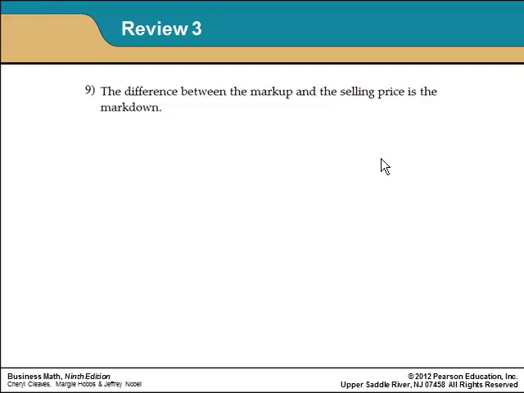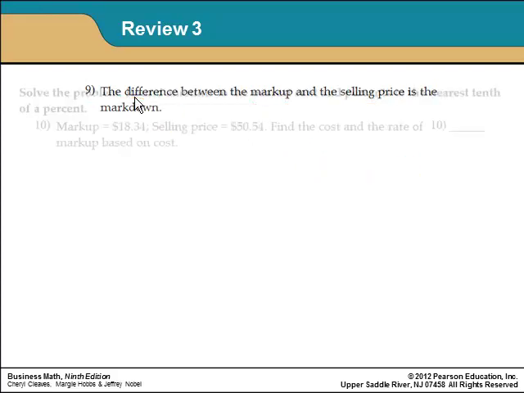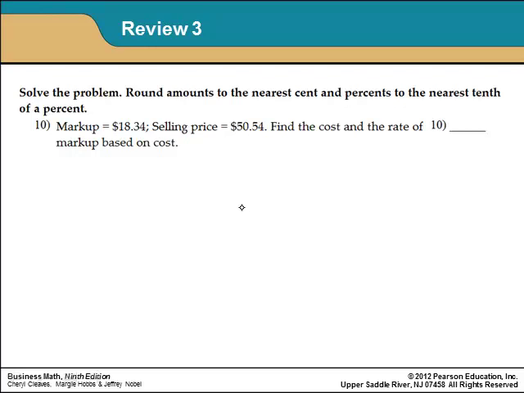Next, the difference between the markup and the selling price. Selling price equals cost plus markup, not marked down, so that would be the cost. The markup is 18.34, the selling price is 50.54. Find the cost, so we'll take 50.54 minus 18.34 is $32.20, and the rate of markup based on cost.